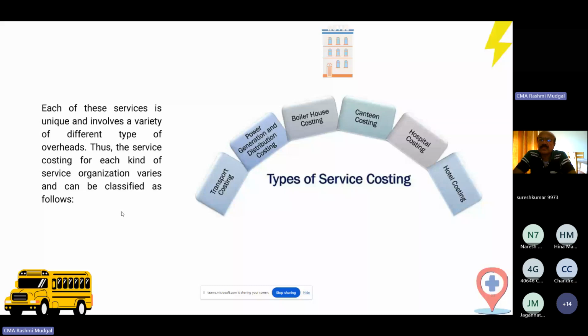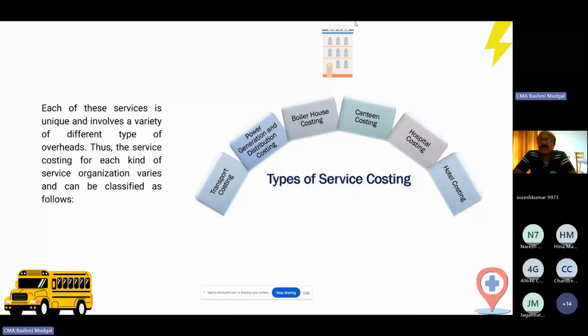Canteen costing: canteen cooking the food and serving it, providing as per your requirement. Not every canteen serves the same food, like every pen writes the same, but every canteen has different foods.